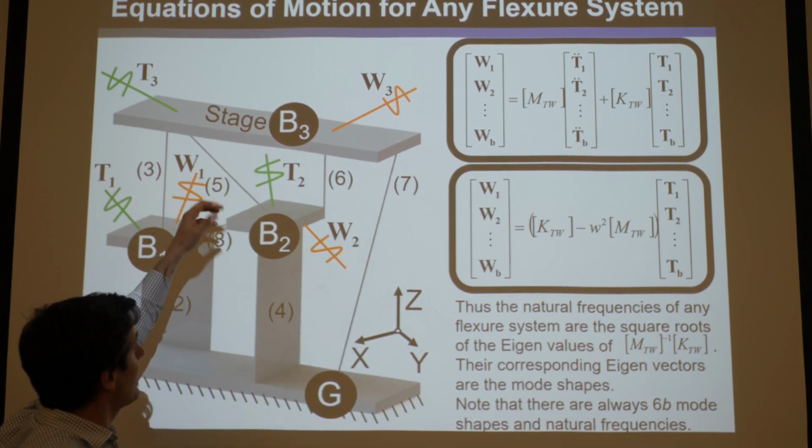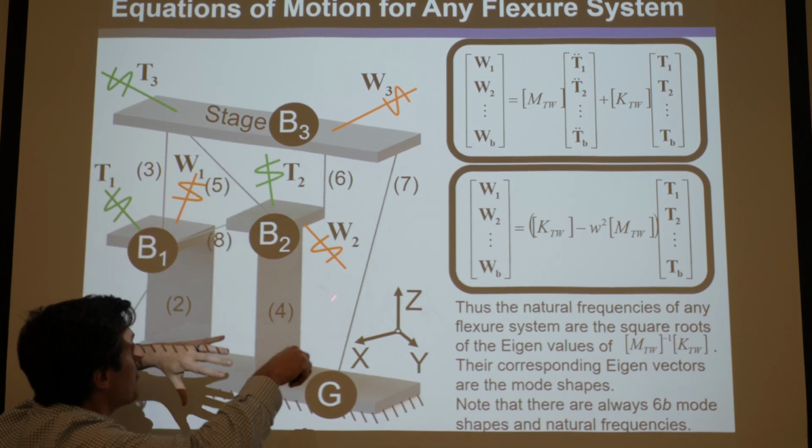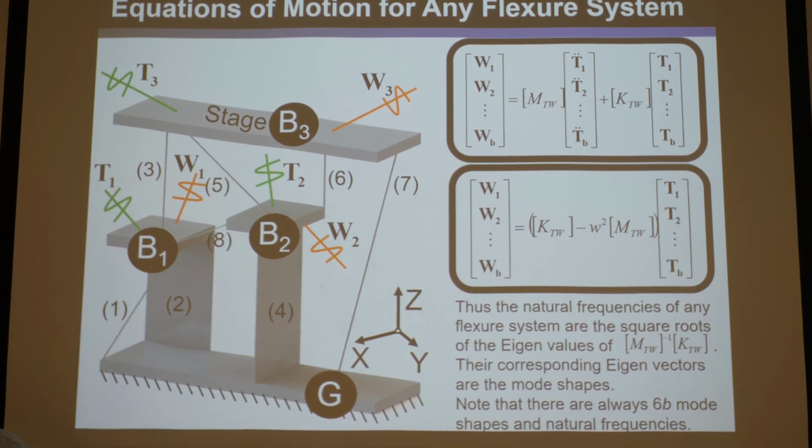So for this case, if we assume all the masses in the stages, and we assume all the compliances in the flexures here, because there are 3 stages, we're going to have an 18 by 18 M inverse times K matrix that we're taking the eigenvectors and eigenvalues of, which means we'll have 18 mode shapes and 18 corresponding natural frequencies. And for every body we add, we're going to increase the number of mode shapes and natural frequencies.